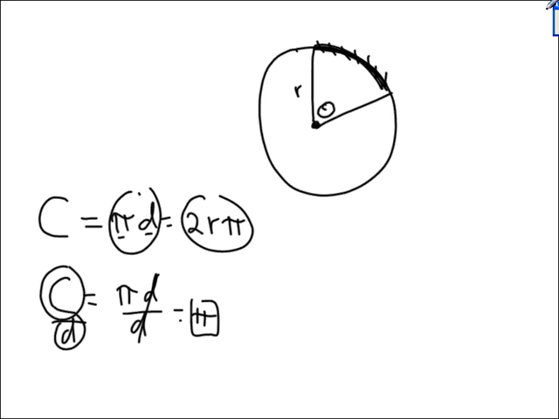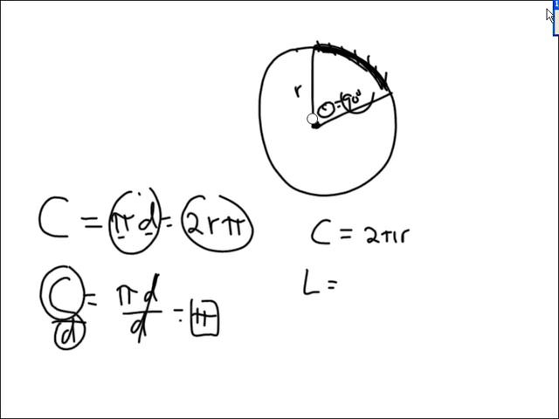Well, suppose this theta is 90 degrees, that's a quarter of a circle. Now we know the circumference is 2 pi r. That's the whole thing around. Well, what would this arc length, L for arc length, be if this were 90 degrees?